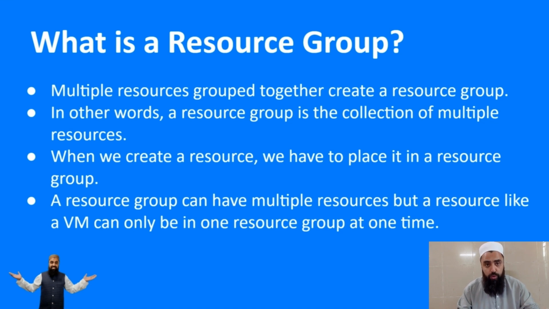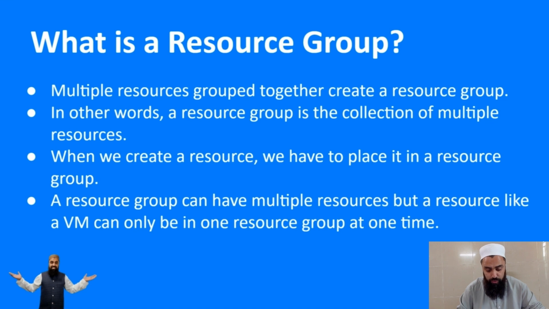A resource group can have multiple resources, but it is not mandatory. A resource group can have only one resource as well. In other words, a resource group is a collection of multiple resources. It can have 10 or 20 or 30 virtual machines, 10 storage accounts at the same time, two virtual networks at one time. That is collectively known as a resource group.